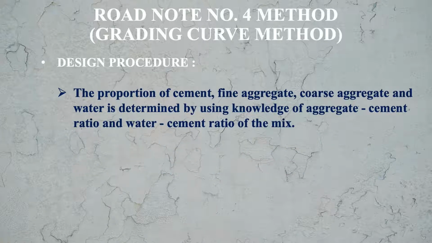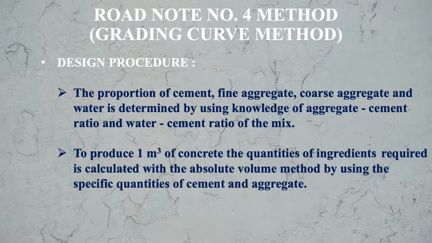Then the proportion of cement, fine aggregate, coarse aggregate and water is determined by using knowledge of aggregate cement ratio and water cement ratio of the mix. So that way we will calculate the different proportions of the different ingredients.